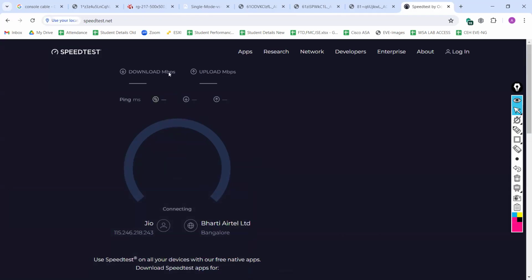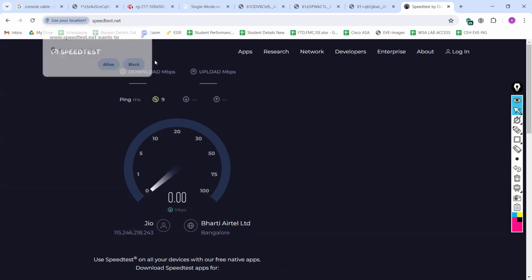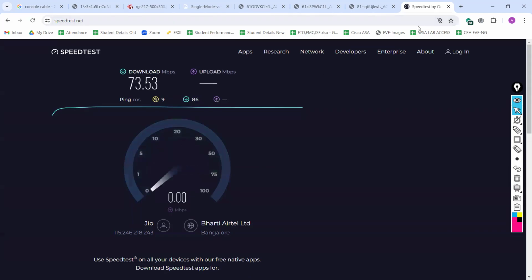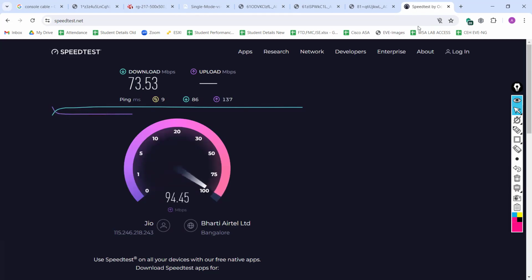See here, small b or capital B. Right now it is showing 77, 78. So approx 80, we can understand that it is going to give us 80 Mbps of speed. But eventually when I try to download, I'll get 8 Mbps. Sorry, 10 Mbps. Why? 8 times lower.